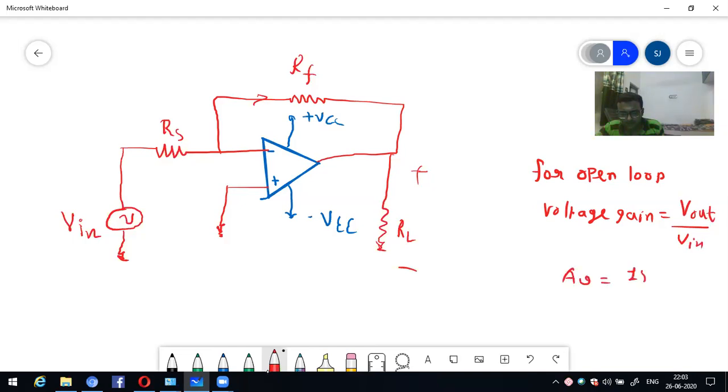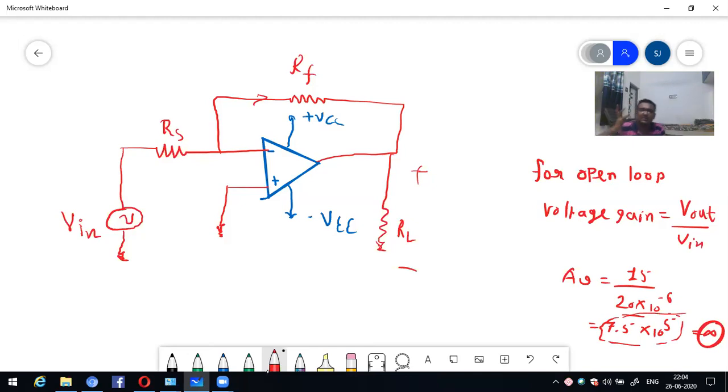What is the Vout? 15 volt divided by 20 microvolt. Assume that this is 20 microvolt. So 15 divided by 2, 7.5 multiplied by 10 raised to 5. See this, 10 raised to 5 means ideally infinite.